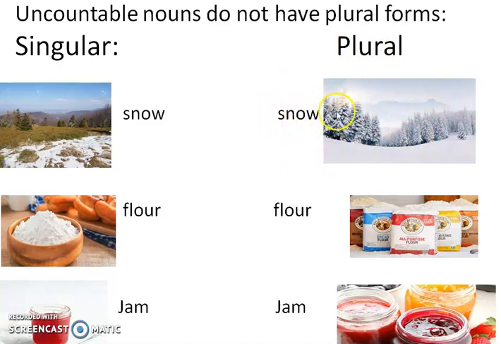We can't say snows, okay? In the singular case, we have flour. Flour, you all know, is طحين. A little flour in the picture, and here a lot of flour, a bunch of flour. But the word is still flour in both cases. Jam as a singular and jam as a plural.